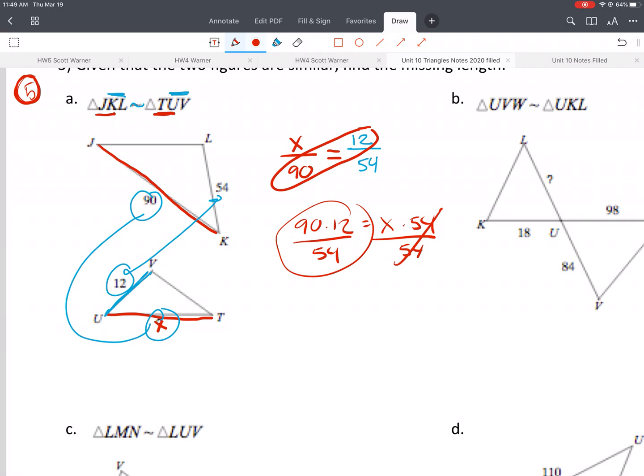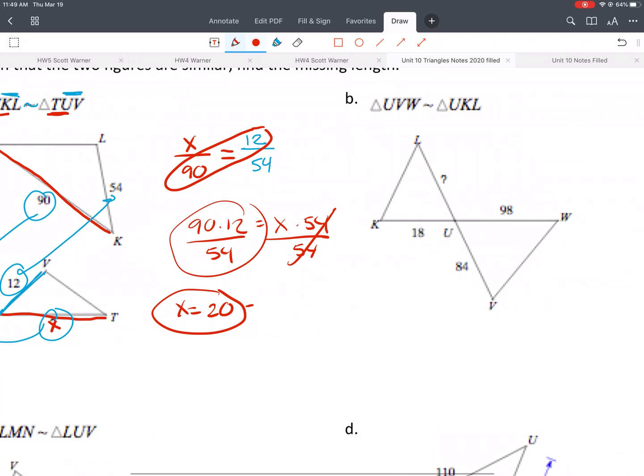All right, so 90 times 12 divided by 54, and that ends up giving you 20. So x equals 20. And on this math space, you'll need to plug in x equals 20, not just 20.